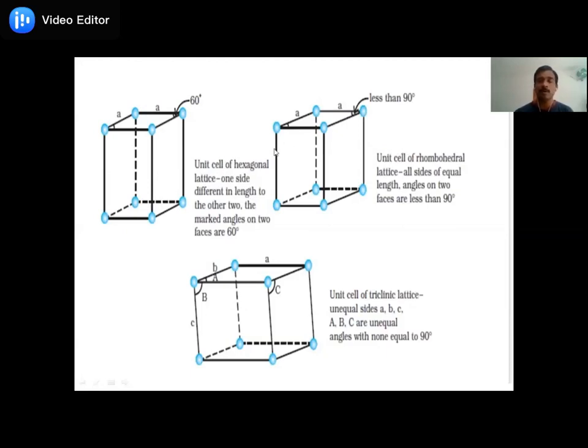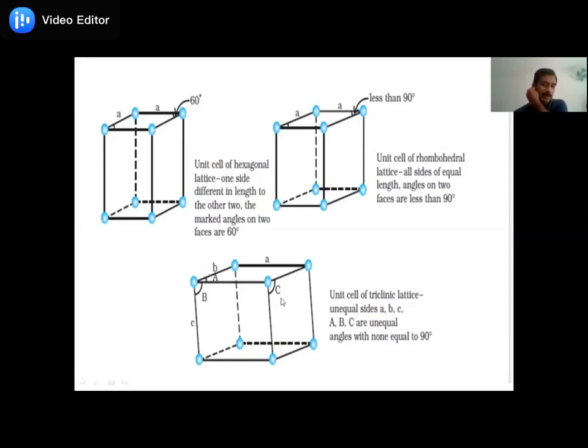Now it is rhombohedral. Here also only one is present, only the primitive. 13. Triclinic. Here also only primitive is present and it is the 14th type. So these are the Bravais lattices, 14 types of Bravais lattices.